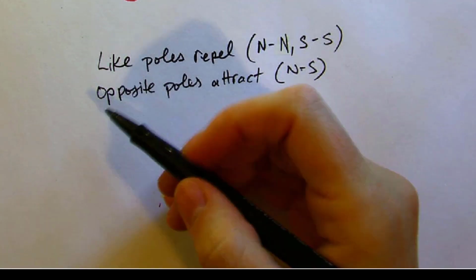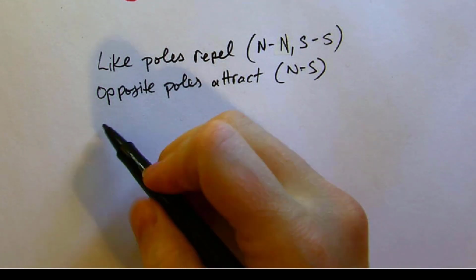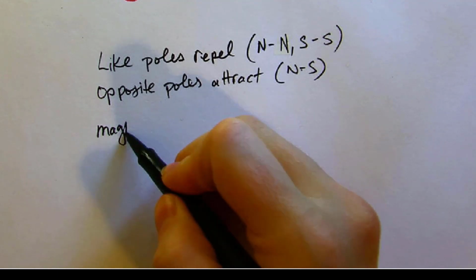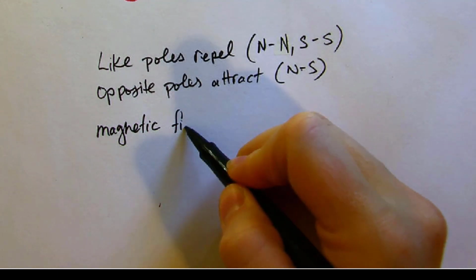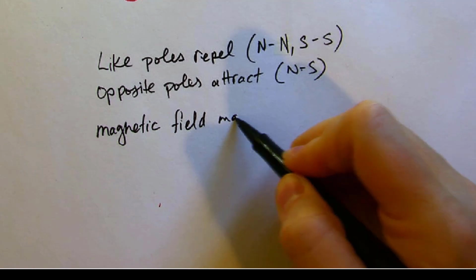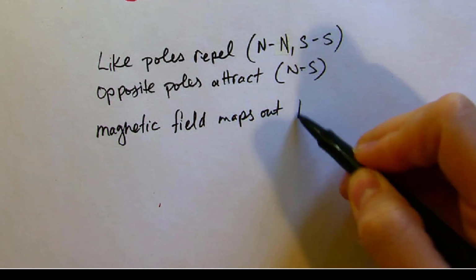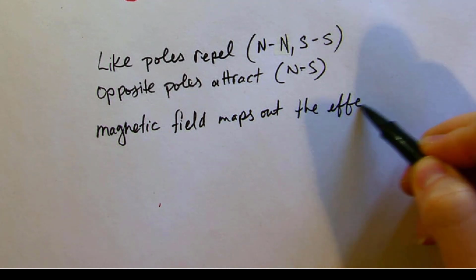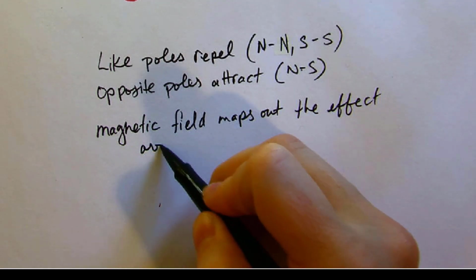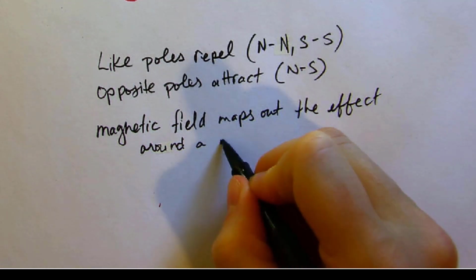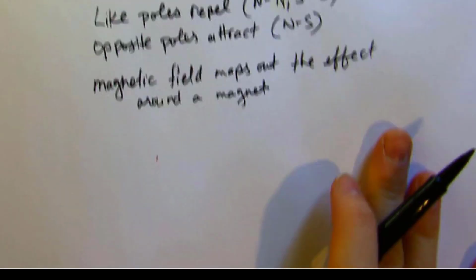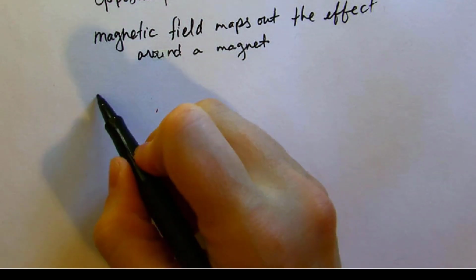A magnetic field maps out the effect around a magnet. Right. Magnets have two poles.